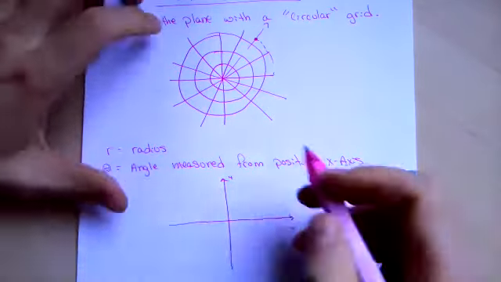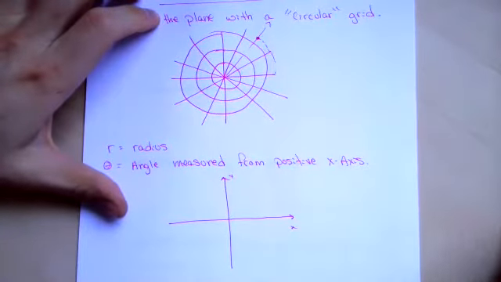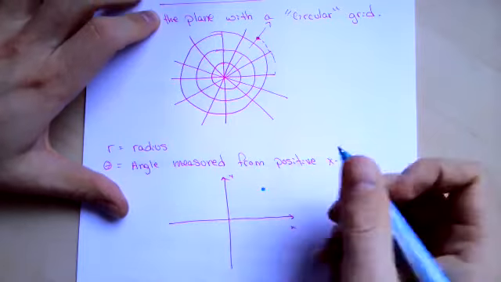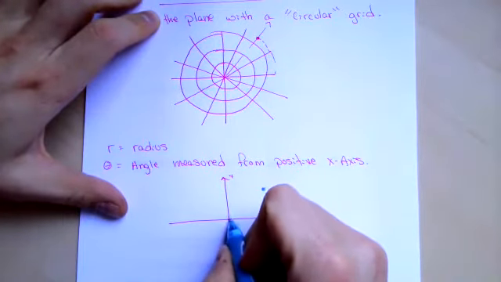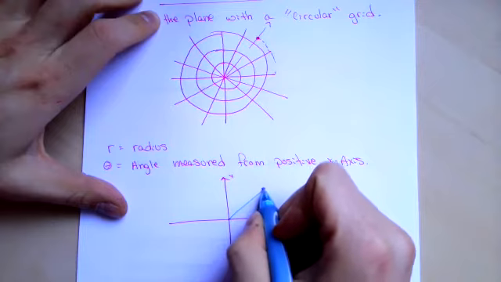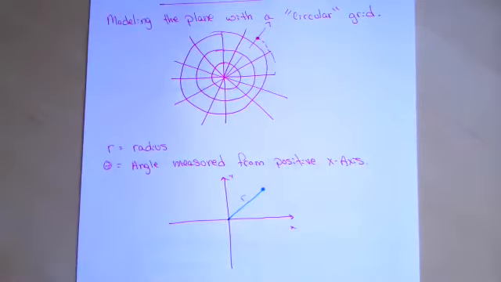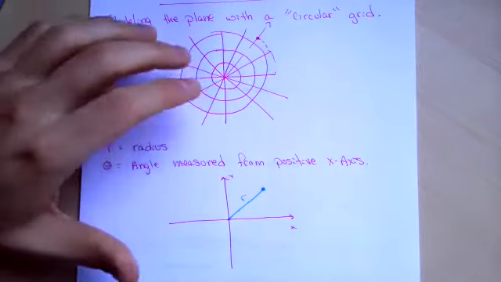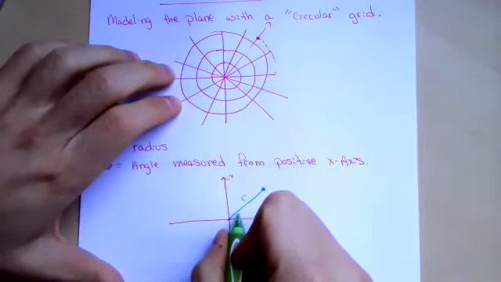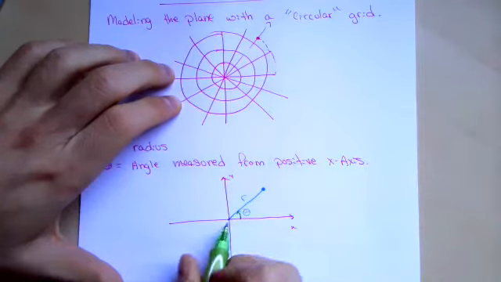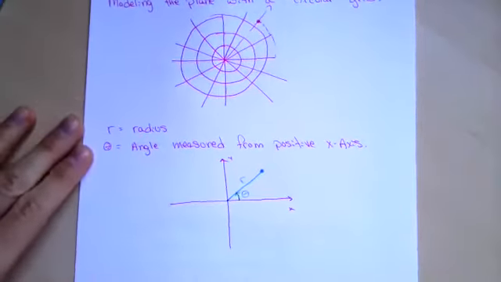So what r is going to measure, if we have some point in space, is how far away we are from the origin. That's the r value of this coordinate system. Then the other thing we measure is the angle of that ray, measured from the positive x-axis.